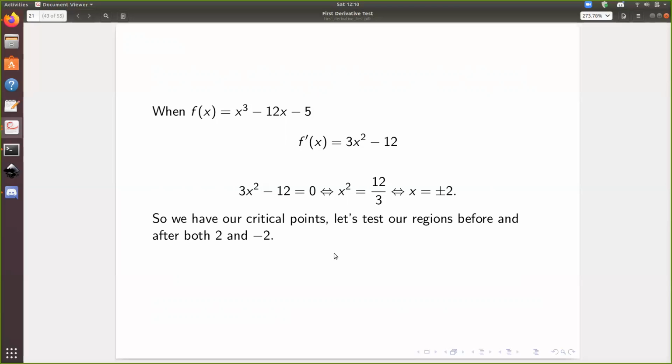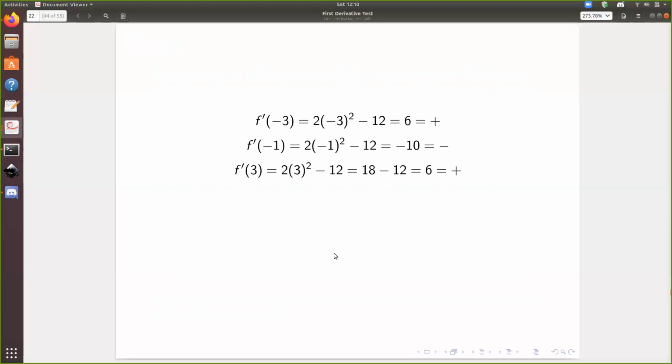We shall see. So here I am doing some region testing. Try not to get your eyes crossed here. Just notice the broad sweeping results that I have. So the derivative evaluated at -3 is positive after plugging in the numbers. The derivative evaluated at -1 is negative, and the derivative evaluated at 3 is positive.